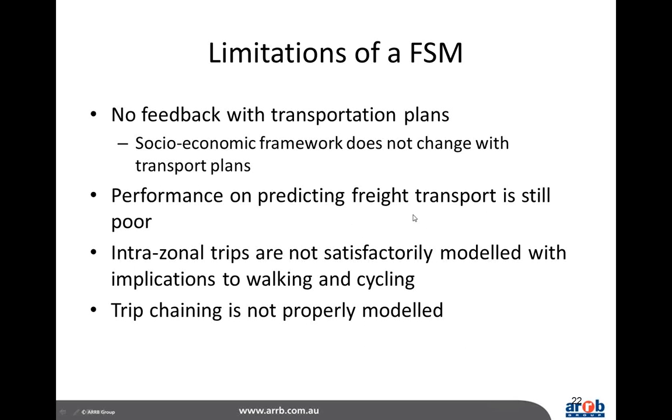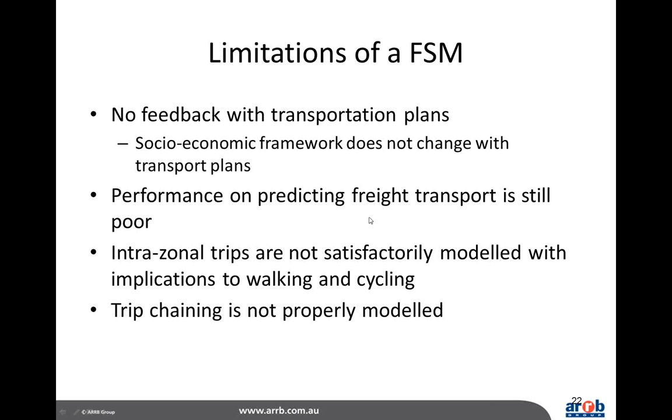The performance for predicting freight is still poor. The reason is that freight decisions are somewhat different than private transport decisions. In freight transport, logistics considerations come into play, and the decisions for logistics are related to manufacturing strategies and marketing strategies that are beyond the four-step model.